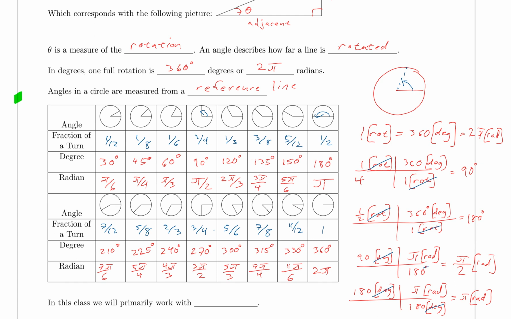We're going to go over these in the unit circle on the other side of the page, where they'll be a little bit easier to digest. So in this class, we will primarily work with radians. That does not mean that degrees are not important. Make sure you are comfortable working with them.